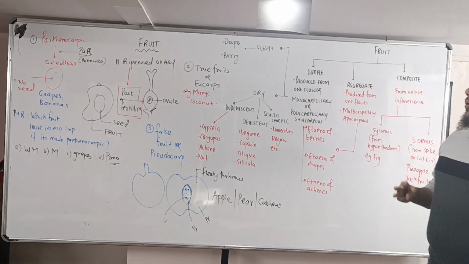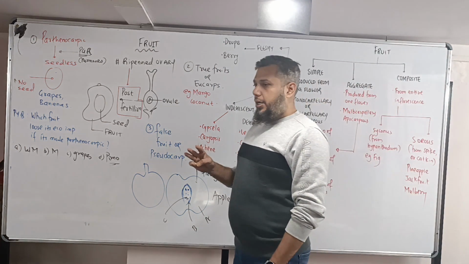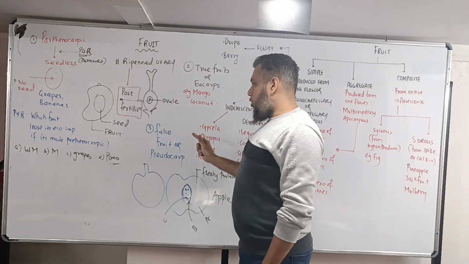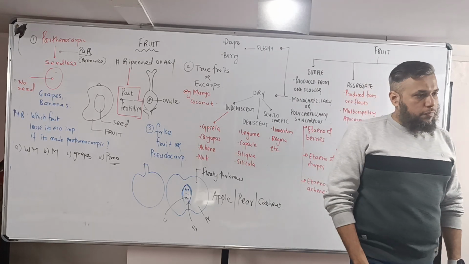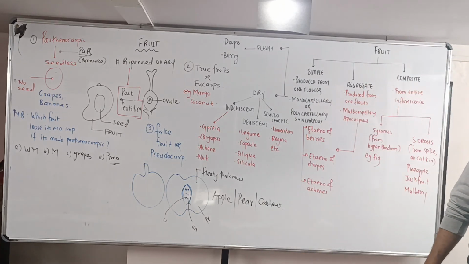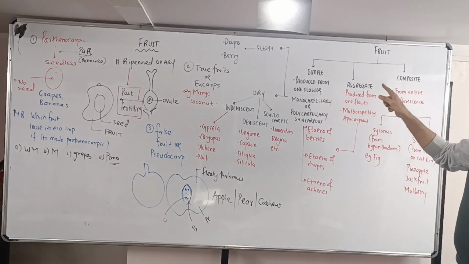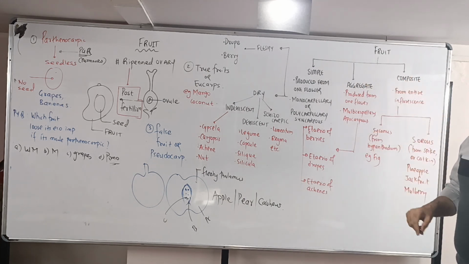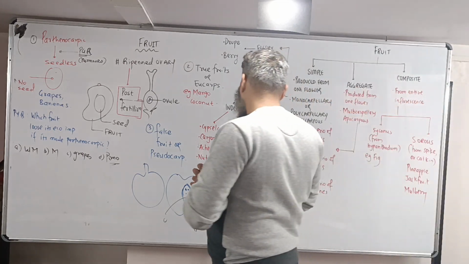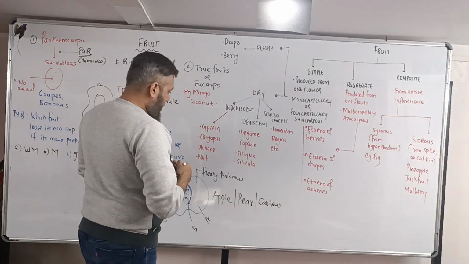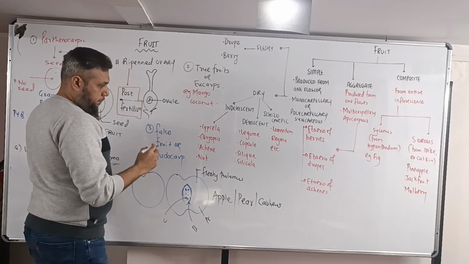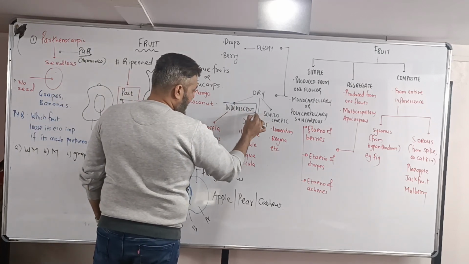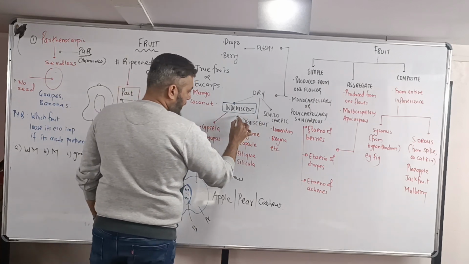Okay, so these are the three definitions I have given right now. I told you what is a parthenocarpic fruit, what is a true fruit, and what is a false fruit. Then we have these types: simple, aggregate, and composite. Over here, I have just given them for your reference. But in all these types, there are only a few that I mentioned for you. You should know what is indehiscent; you don't need to know its types.